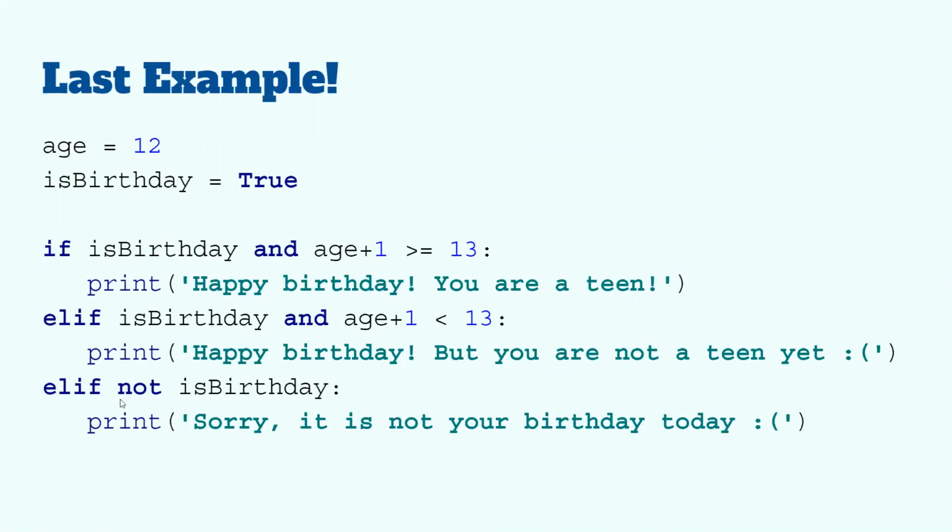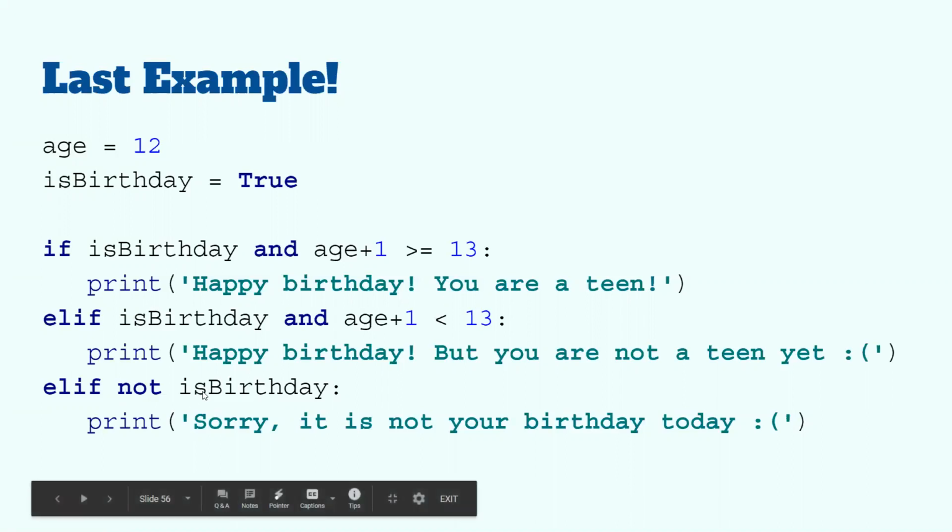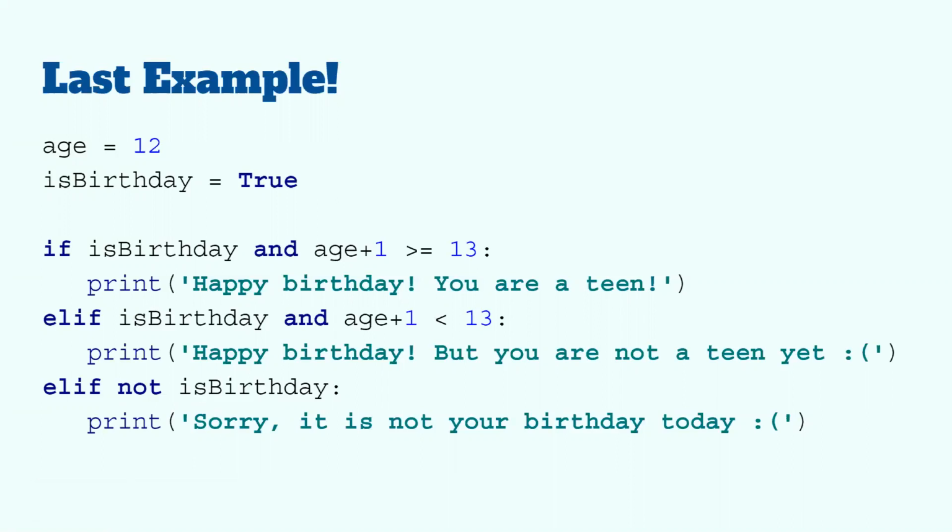So that means that it flips whatever is birthday is. So if is birthday was true, then the entire thing would end up being false because the opposite of true is false. However, if is birthday is false, that means that's not your birthday. Then the opposite of false is true. So that means that it's true that it's not your birthday. So that's why it works.